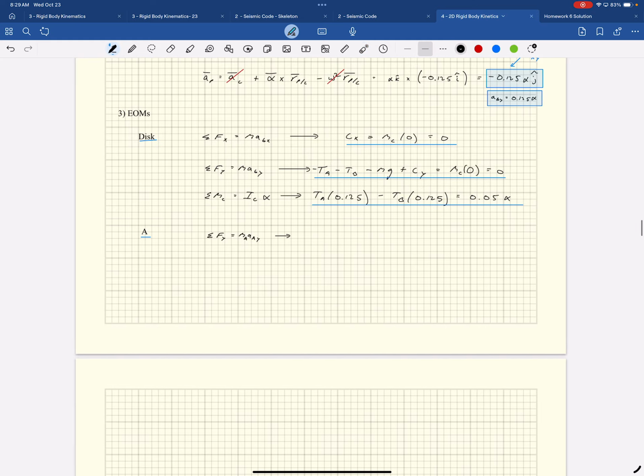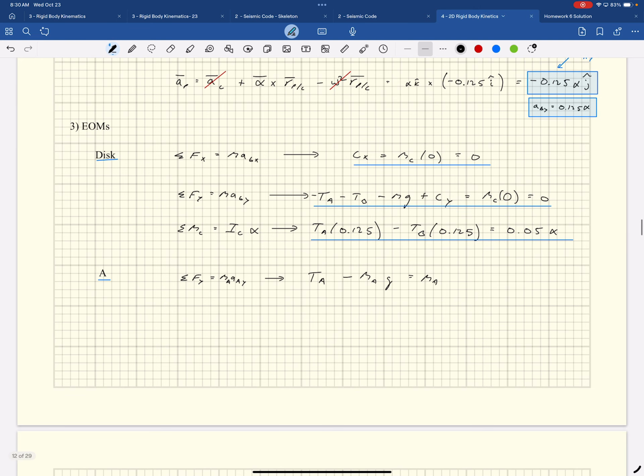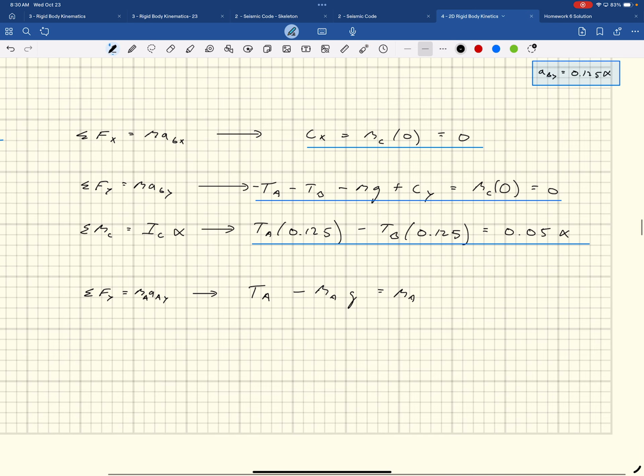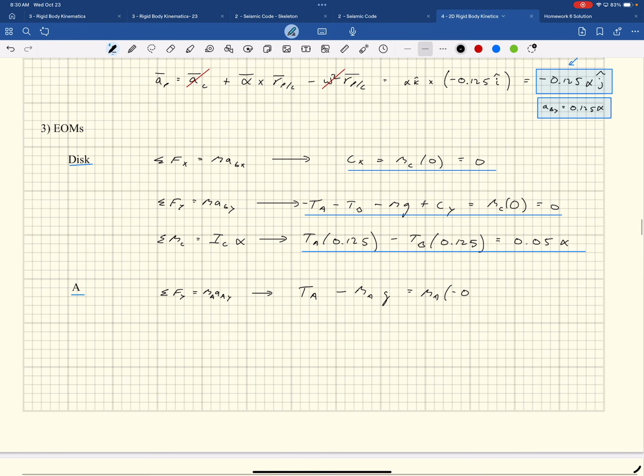So we've got TA minus MA times G is equal to MA times AAY, which is this guy right here. AAY is that, which is negative 0.125 alpha.